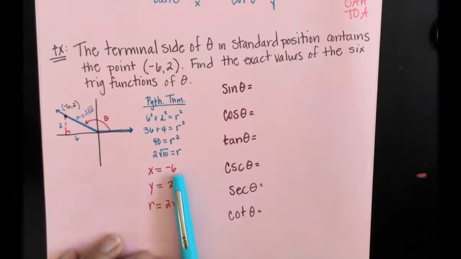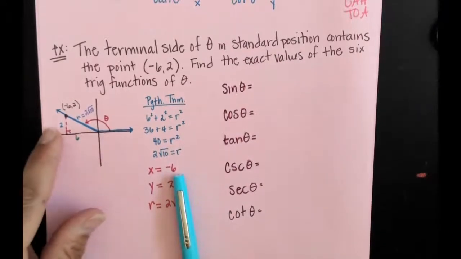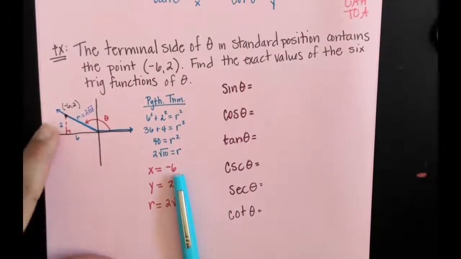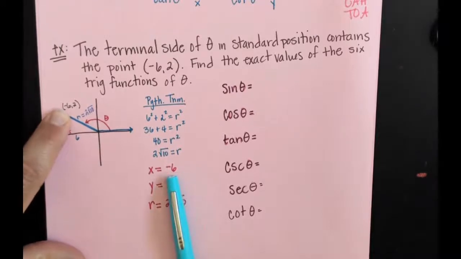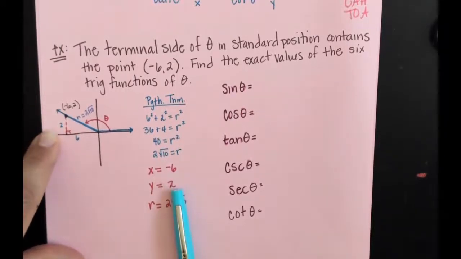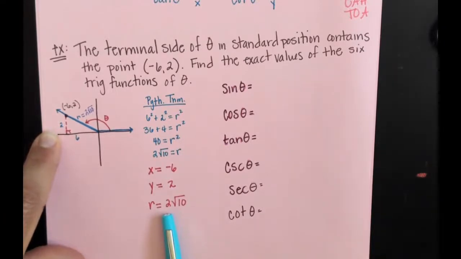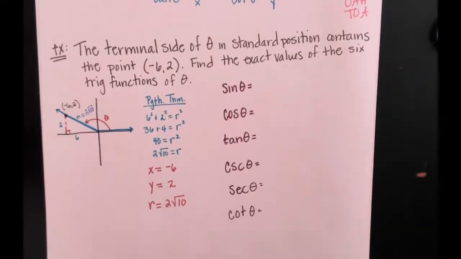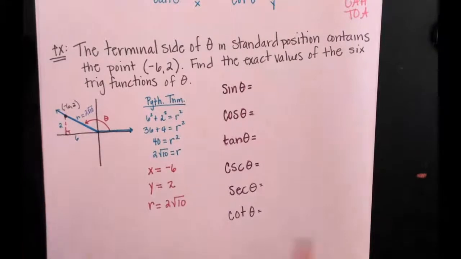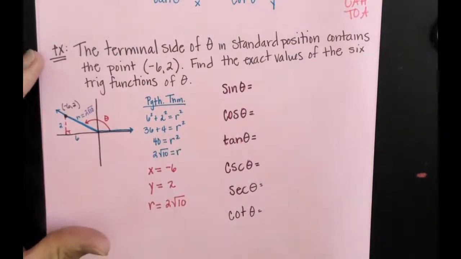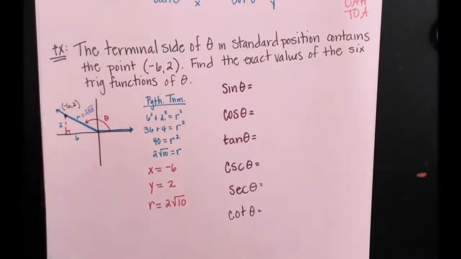So don't forget, though, that we're back here in this second quadrant. So x is negative. Notice the -6 is still there. Y was 2, and now we know our radius is 2 radical 10. So I'm going to follow those formulas that we did say are opposite over hypotenuse, adjacent over hypotenuse, and opposite over adjacent.